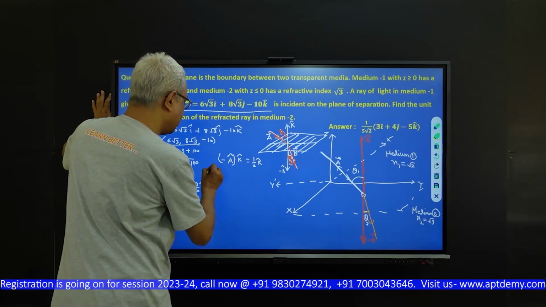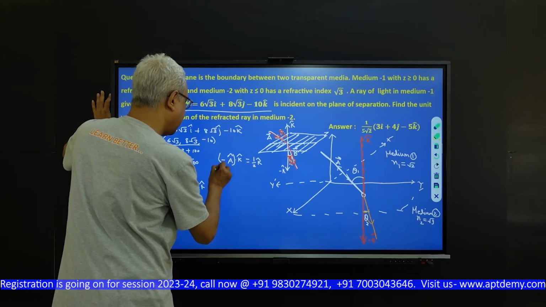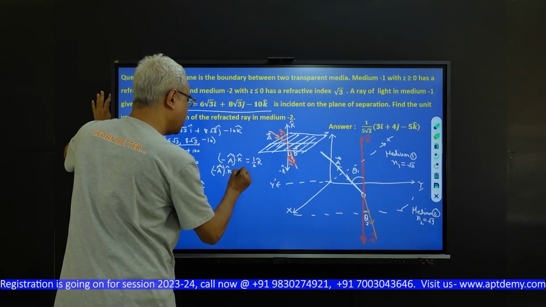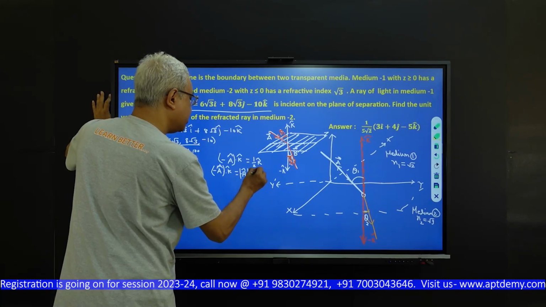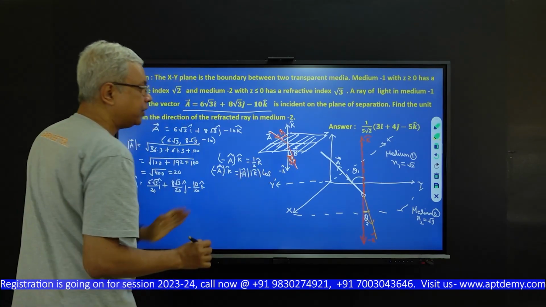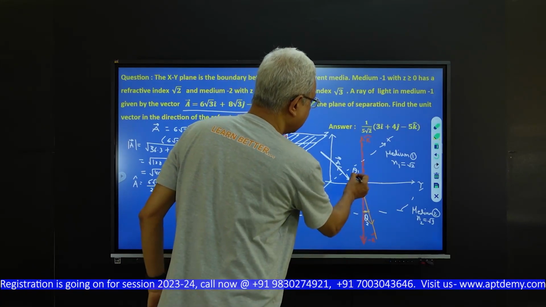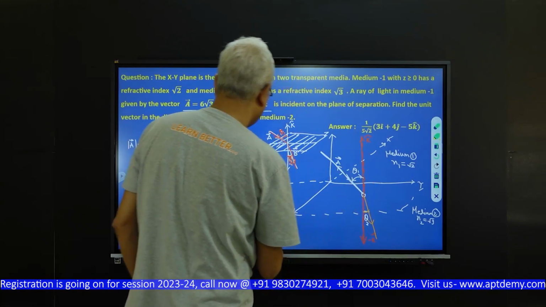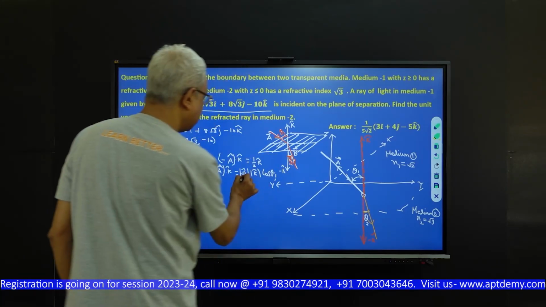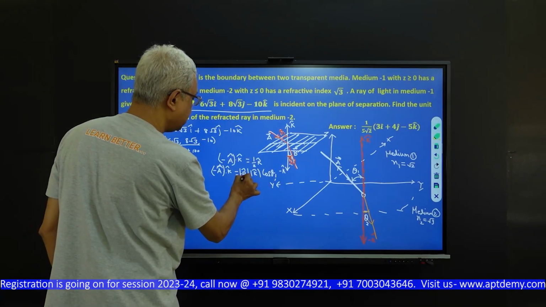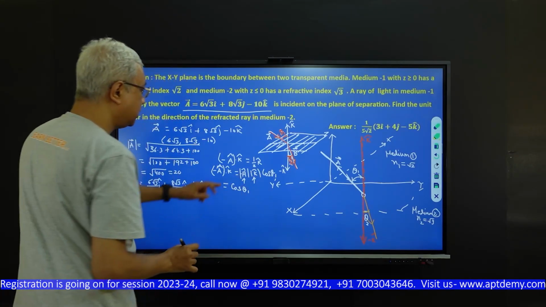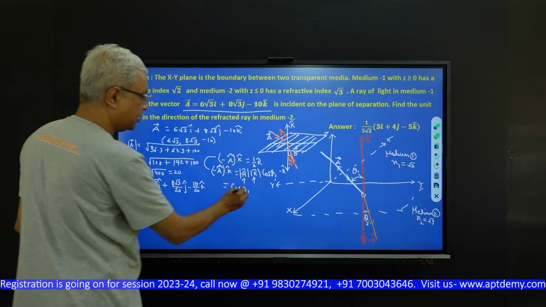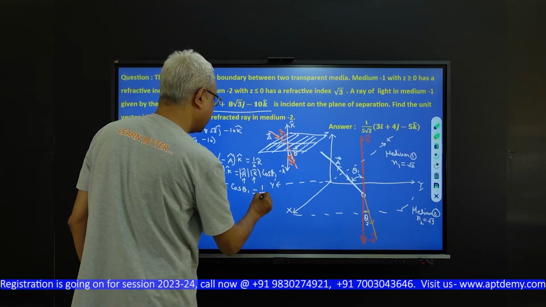Another way I can also write minus A cap, you know from your vector knowledge, is nothing but mod of minus A cap into mod of k cap into cos of the angle between minus A cap and k cap, which is nothing but the angle of incidence, cos of theta 1. But these two are unity, this is unity, this is also unity. So it is cos theta 1. So cos theta 1, if we equate these two, is nothing but half.